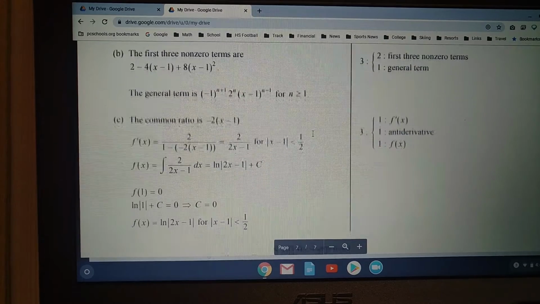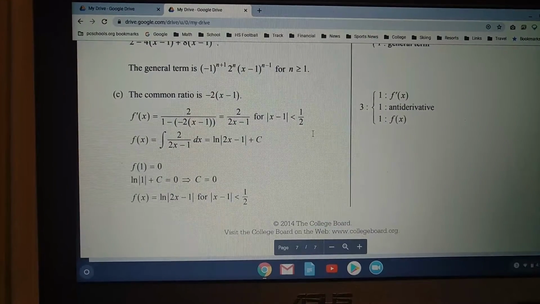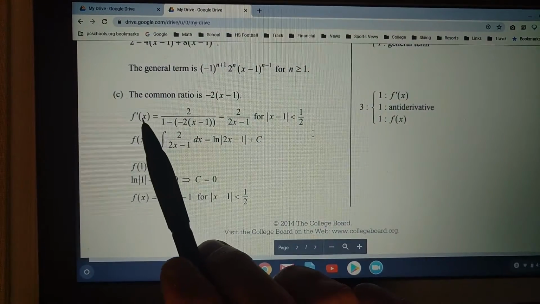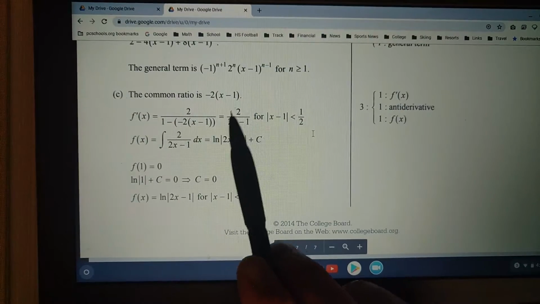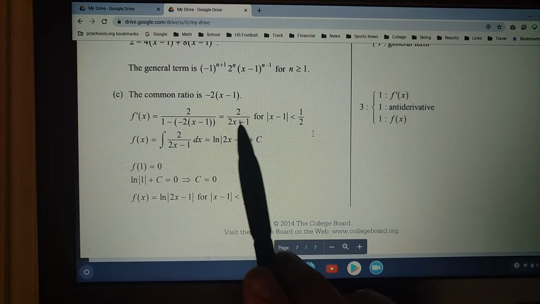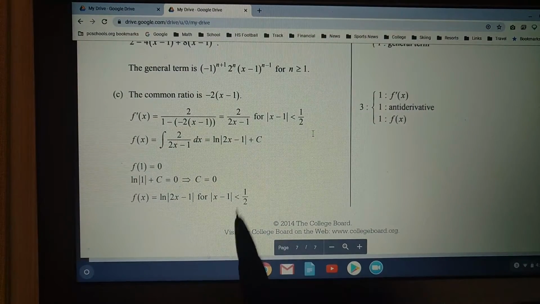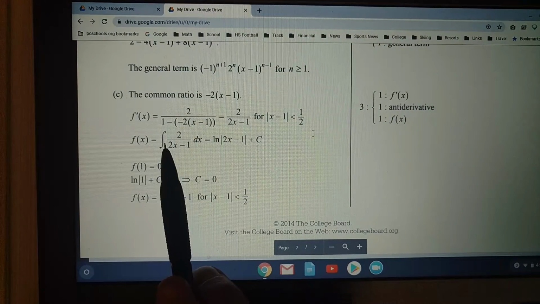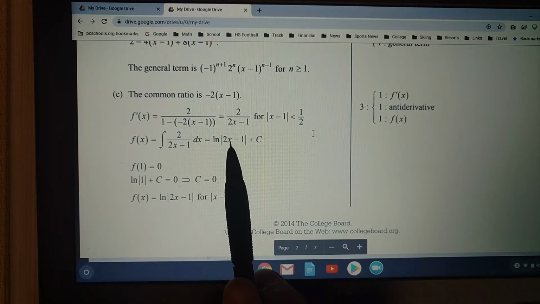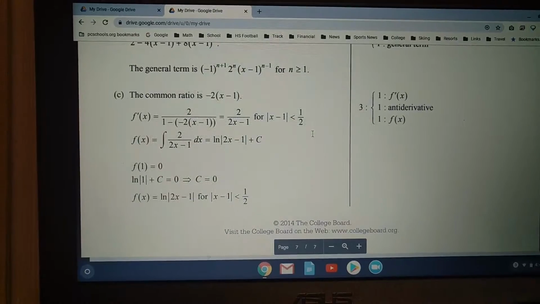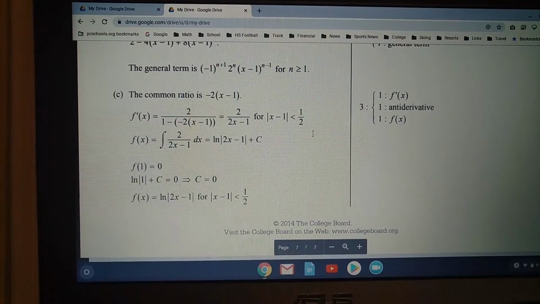And then for C, it's also worth 3 points. So you get 1 point if you take the correct derivative and get this value right here. So that's 1 point if you do the correct derivative. You get 1 point if you do the correct antiderivative of that, which is going to be this. So another point there for the correct antiderivative.